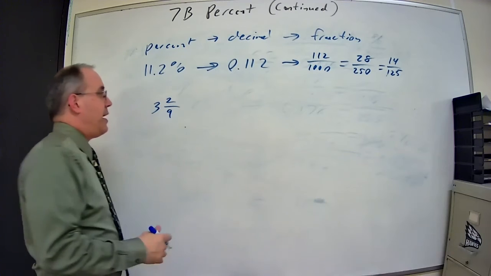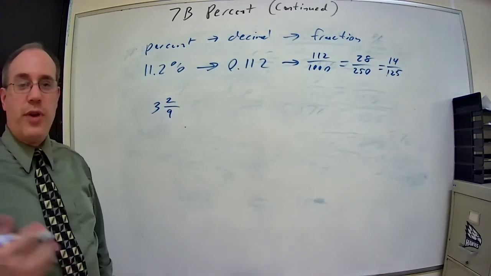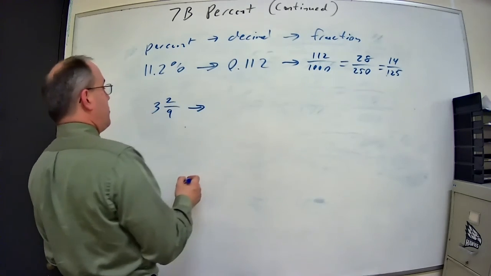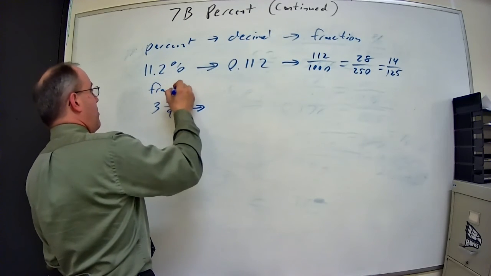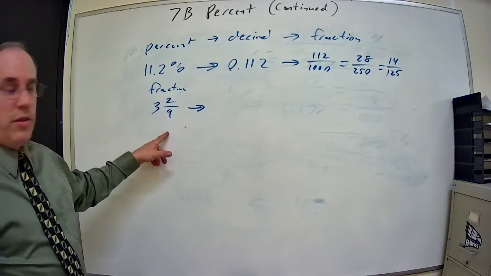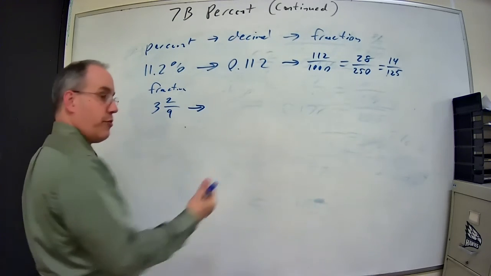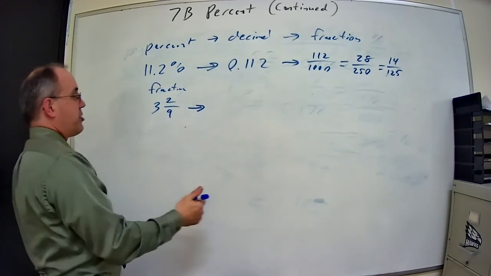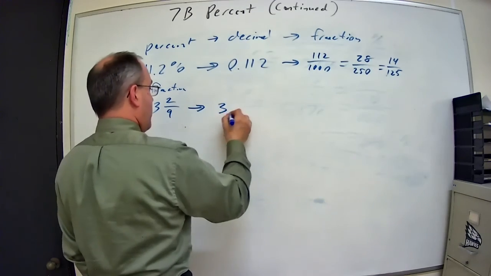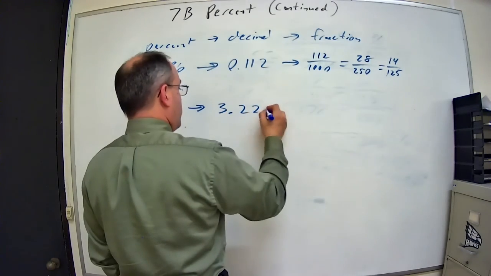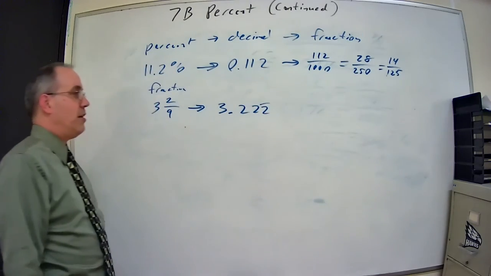If we have a fraction, 3 and 2 ninths, and we want to convert that to a percent, we can convert that to a decimal. So let me label that as being a fraction. Convert it to a decimal, and remember, all you have to do is divide. So it'd be 3.2 repeating, 3.2 divided by 9 is 2 repeating.